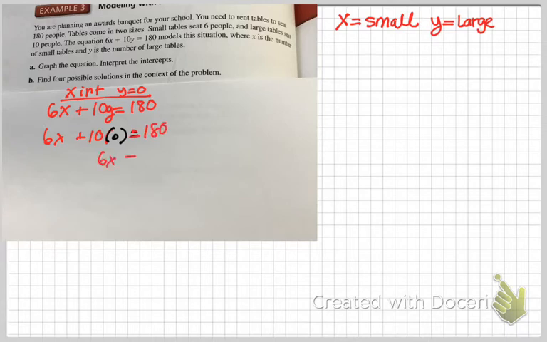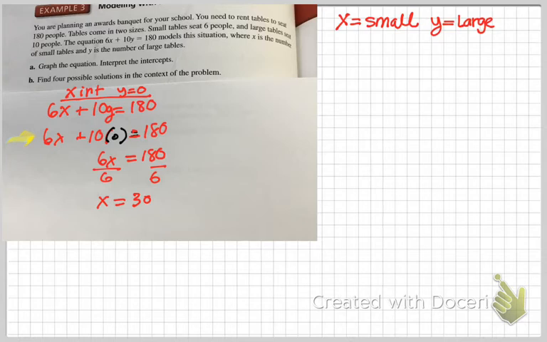So I get 6x equals 180, divide both sides by 6, and x is equal to 30. One thing that I'm seeing is that kids, when they solve using intercepts, don't show this line where you substitute in the zeros. You have to show that. We have no idea how you get these answers.